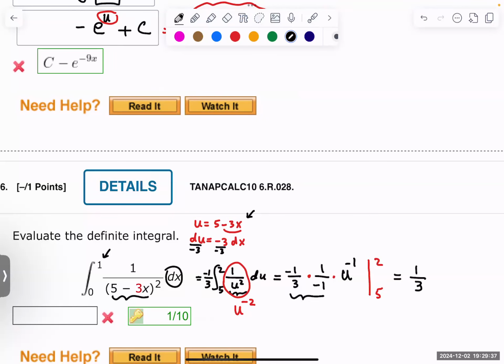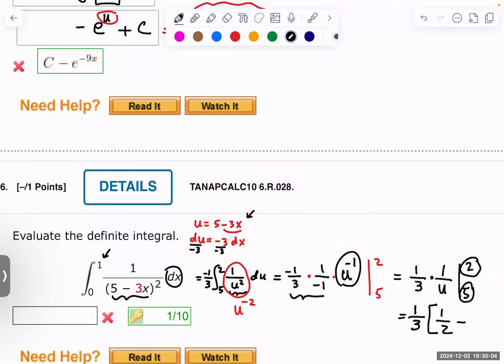U to power -1 is the same thing as 1 over u. Going from 5 to 2. You keep 1/3. Then you say upper, replace it. It's 1/2. Minus, replace the lower.